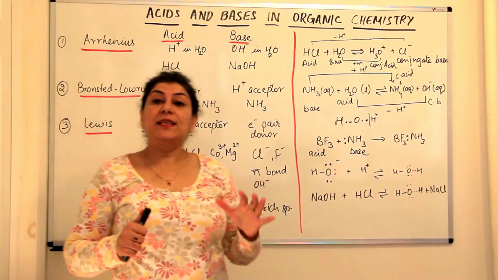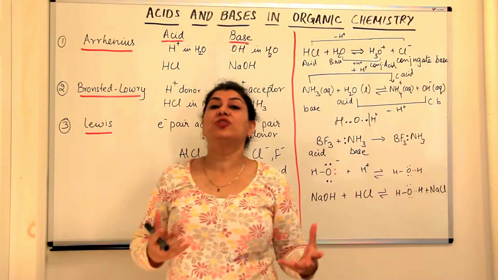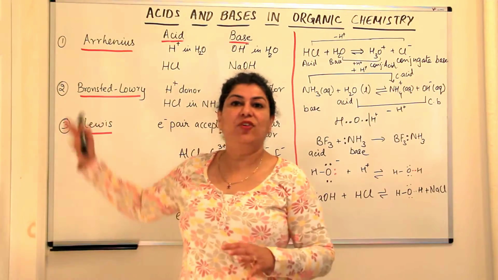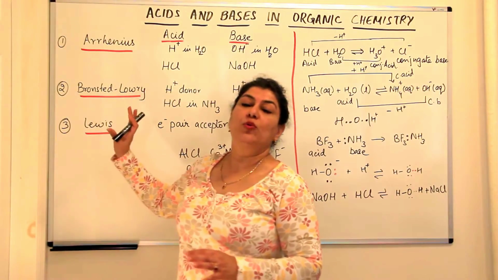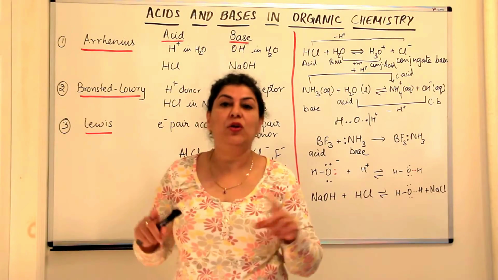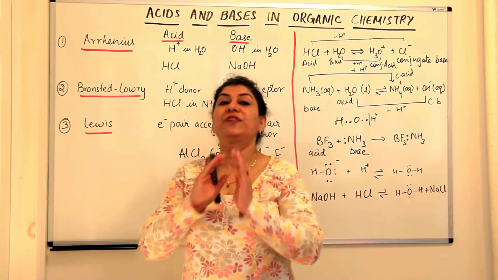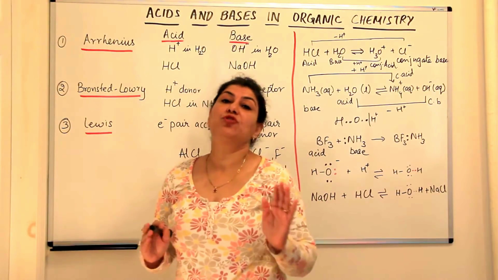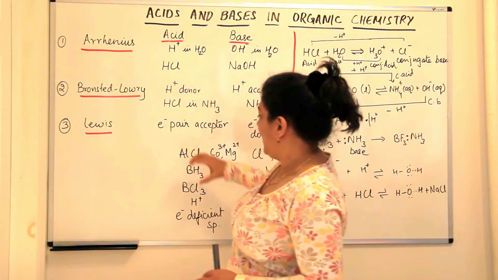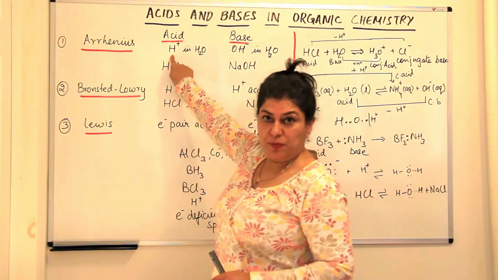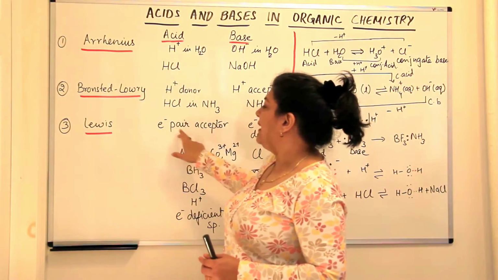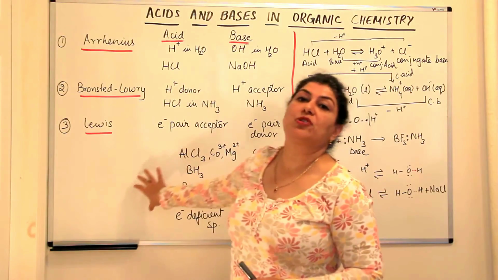As I told you, these definitions are not exclusive of each other. It is not that if a substance is an Arrhenius acid or base, it cannot be defined by Bronsted-Lowry or by Lewis. Different students may use different definitions depending on what they can really locate and pinpoint. But whatever definition you use, you come to the same conclusion. I'll just explain why. H positive is positively charged, a proton is also H positive only, and an electron pair acceptor also has to be positively charged.